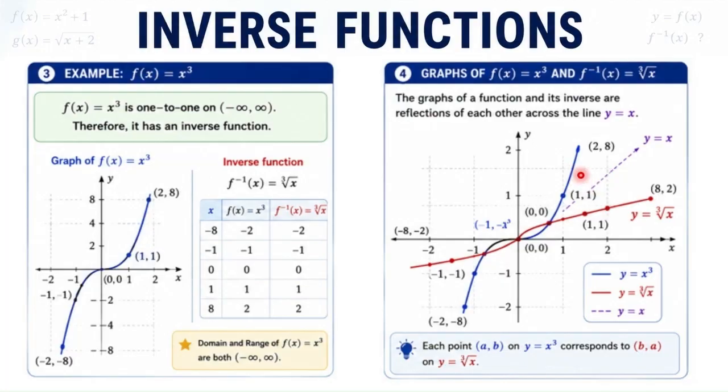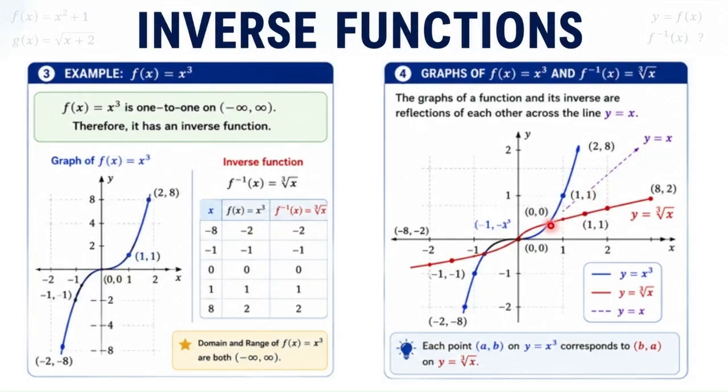To create an inverse function, we swap our inputs and outputs. For example, the point (2, 8) on the blue curve becomes the point (8, 2) on the red curve. When you swap all the x and y coordinates like this, it creates a mirror image.